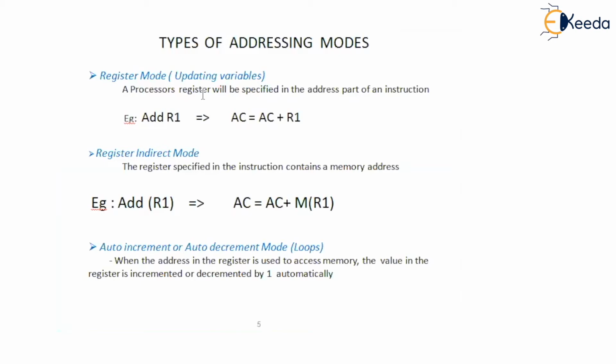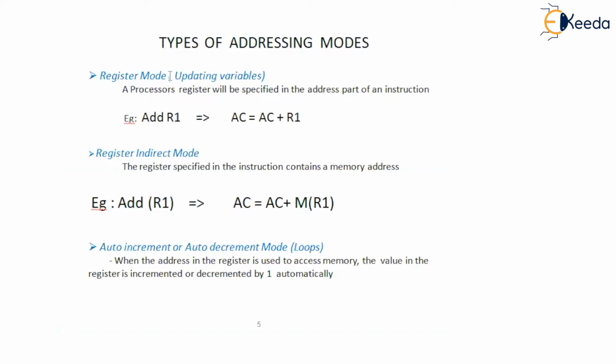That is, A is getting updated, right? You want to perform A plus 1. For that, get it transferred to R1, increment R1, finally transfer R1 back to A. Okay, for that reason, we want to have a register addressing mode. So every time when you want to update a variable, a value of a register must be updated, which is corresponding to that variable.